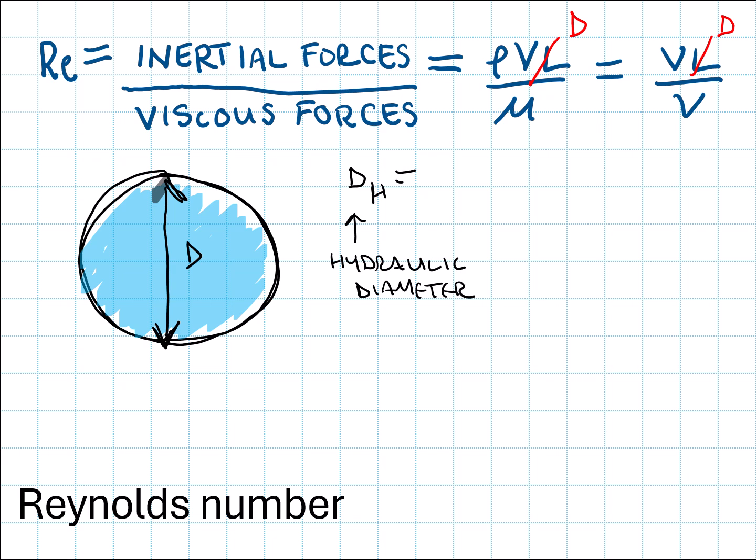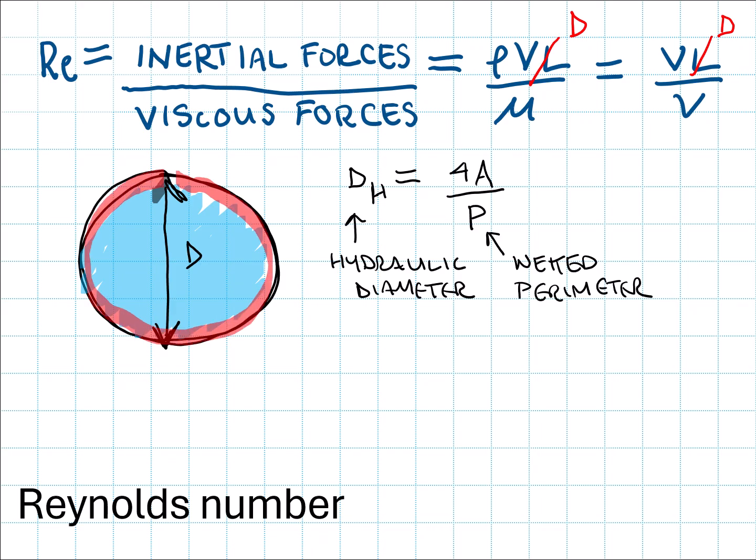And this hydraulic diameter is defined as 4 times the cross-sectional area of flow divided by the wetted perimeter of the flow, which is given by this variable P. And so the wetted perimeter of flow is the length of the flow that touches the walls of the pipe, like this.